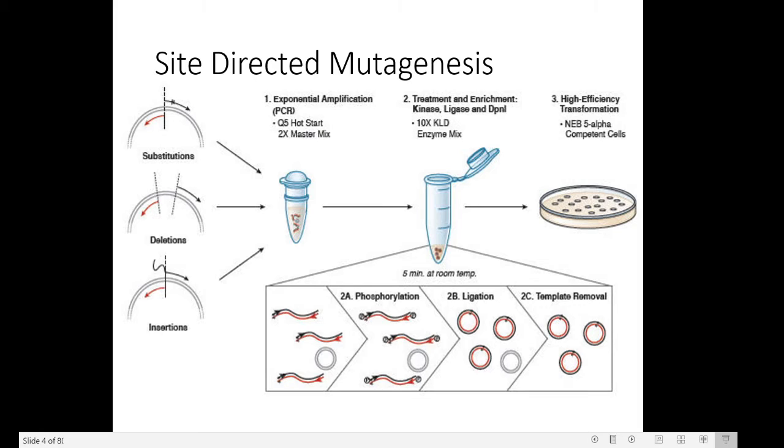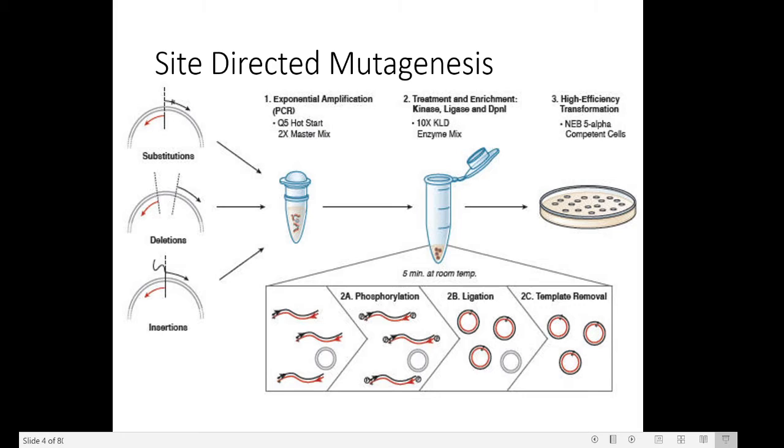Then comes treatment and enrichment with kinase, ligase and DNA polymerase enzymes, because after that the mixture is phosphorylated. Phosphorylation happens in the multiplied sequence, then they are ligated to each other.